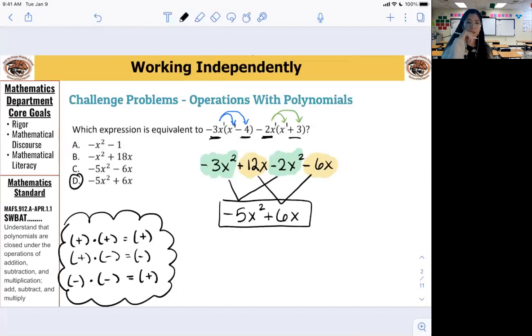So in which part do you mean? At the end, when I combine like terms? Okay, so combining like terms, I always want you guys to think of it like this. Here's a thing I do all the time.